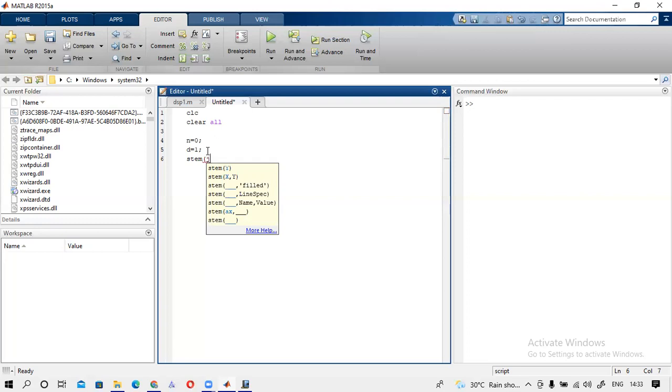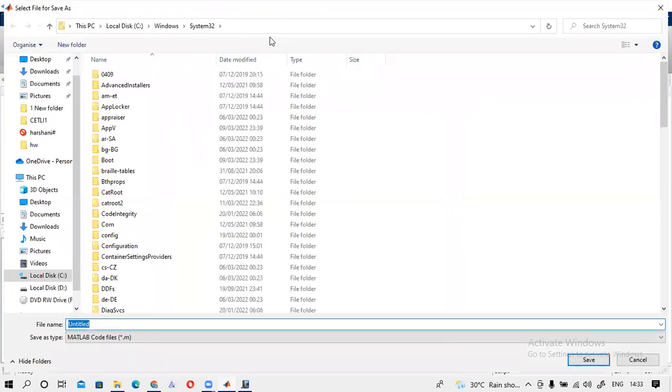So this is the independent variable n, with the dependent variable d. If you plot d with respect to n, you will get the impulse, no?